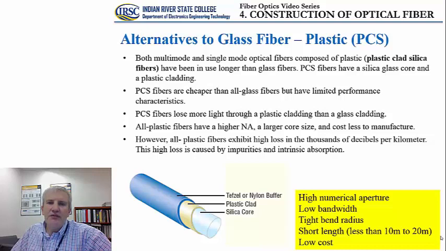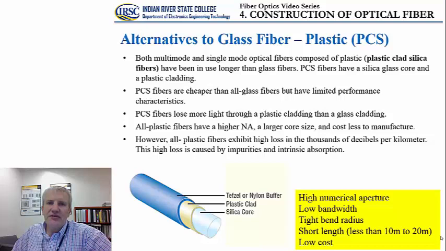What are other important properties of plastic-based, also called plastic-clad silica fibers? It's obviously a higher numerical aperture because the size of the core is larger, it's low bandwidth, it's a very tight bend radius, it's short length, that's where these types of optical fibers are being used, so less than 10 to 20 meters or just a few feet, but the advantage of these types of fibers is the low cost.